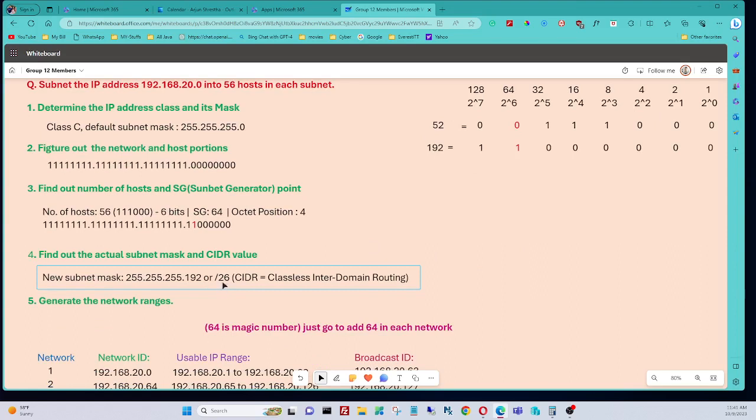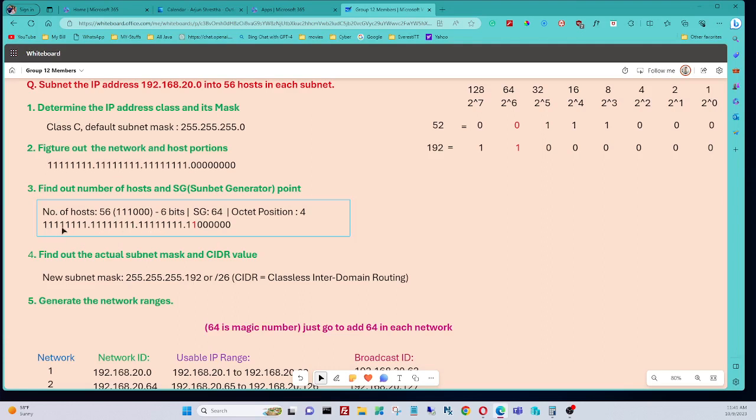Now what I do here, this is 26, right? So how does this 26 come here? This is CIDR, Classless Inter-Domain Routing, right? So how do you get this one? I already mentioned every octet has 8 bits, so we count here.